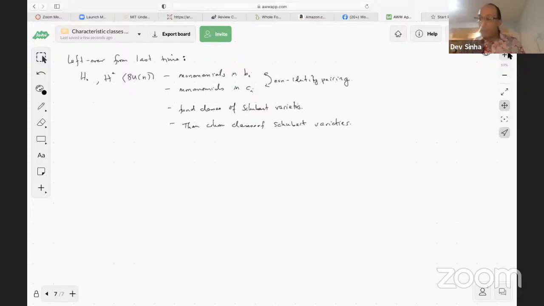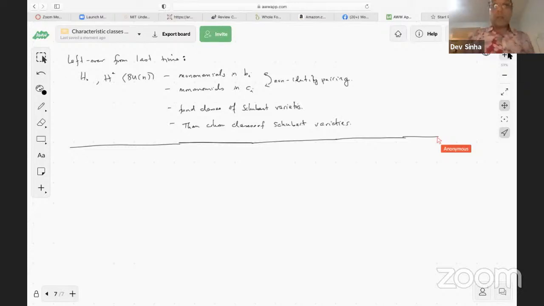Okay, so what we're going to do this time, I'm going to focus on the Thom isomorphism, and that's really key in the theory of characteristic classes. As I'll mention, you can develop characteristic classes using the Thom isomorphism in various ways.